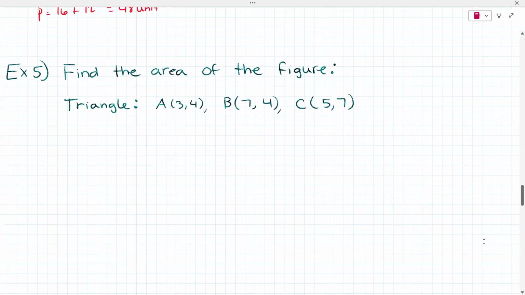It says find the area of the triangle where you have point A (3,4), point B (7,4), and point C (5,7). So what we're going to have to do is draw it on the Cartesian plane.